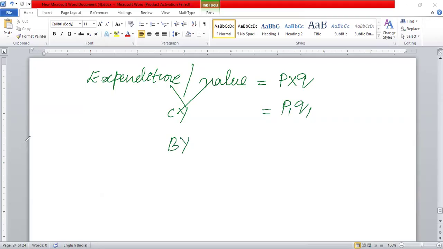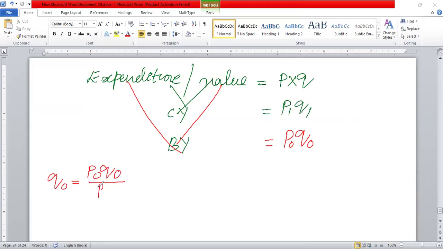When they ask for base year expenditure or value, that should be P0, Q0. When expenditure is given as P0, Q0, divide by P0 and you will get Q0. Similarly for Q1: P1, Q1 divided by P1 gives Q1.